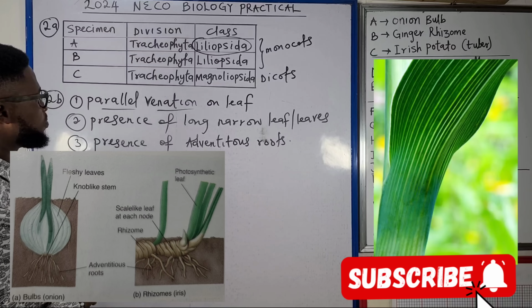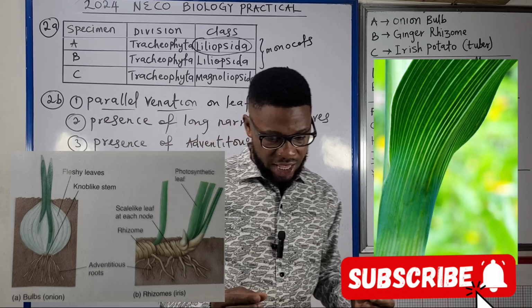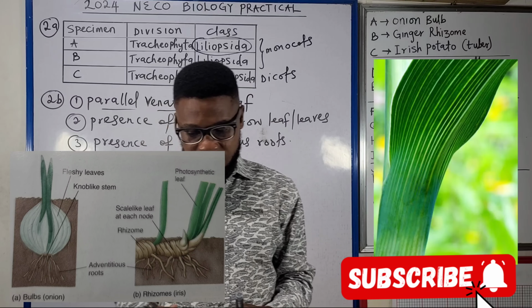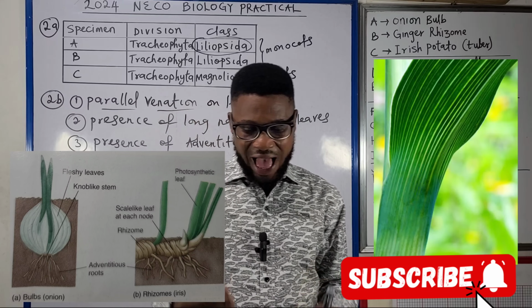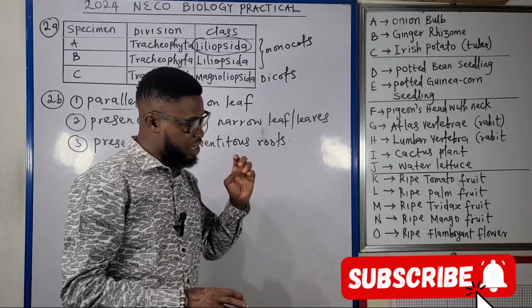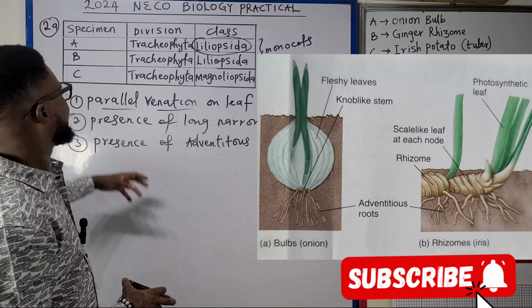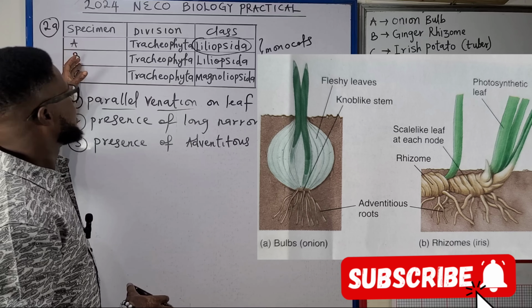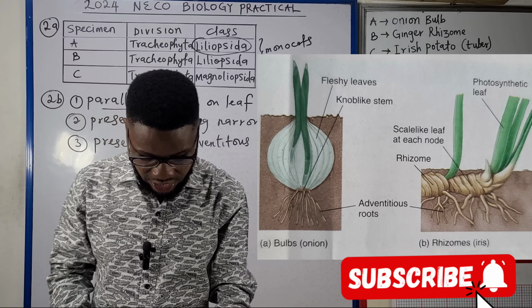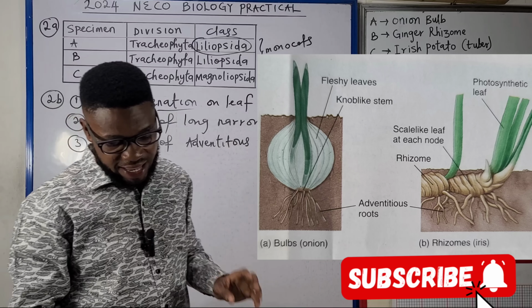And also, presence of adventitious roots. You can see that in the diagram displayed on your screen. So these are observable features you should be able to notice about specimen A, which are characteristic of the class Liliopsida. And that ends that question.